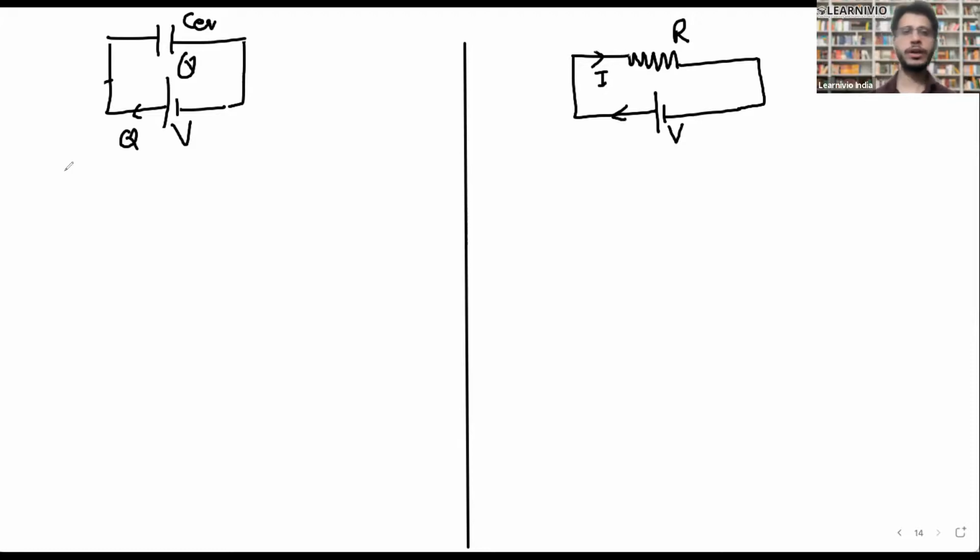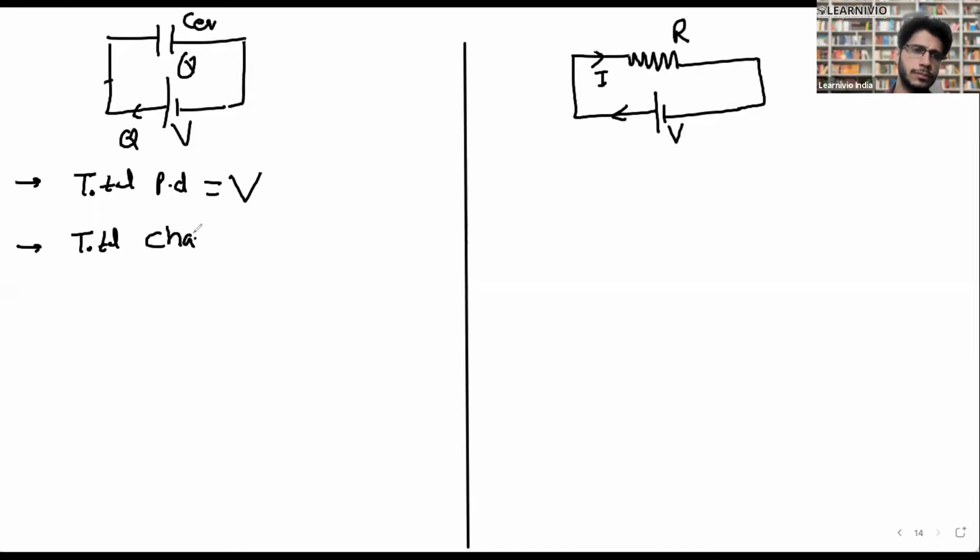Now, I think you can decide many things. What is the total potential difference? It's V. Total potential difference is always equal to the voltage of the cell. What about the total charge? Q. How do you calculate total charge? Can I write total charge as total capacity into voltage?